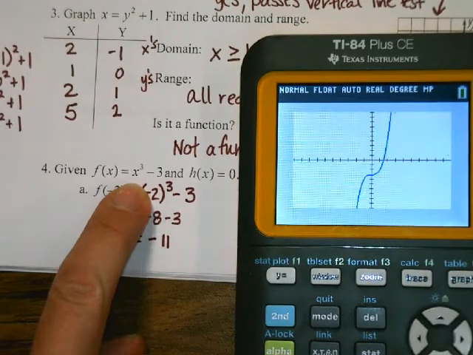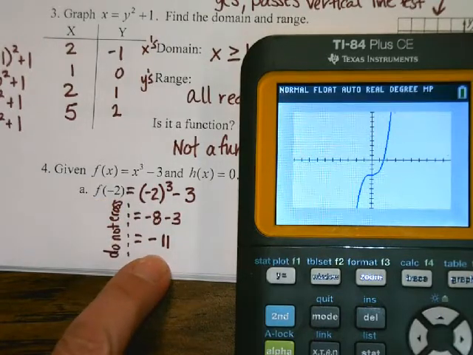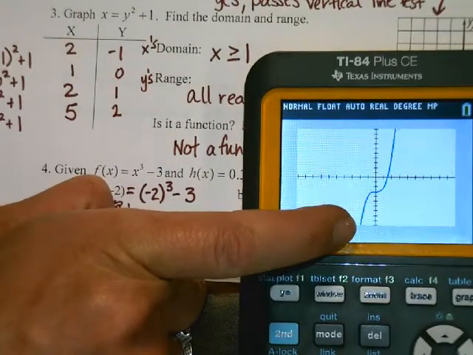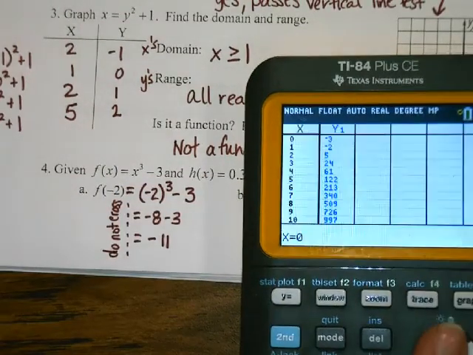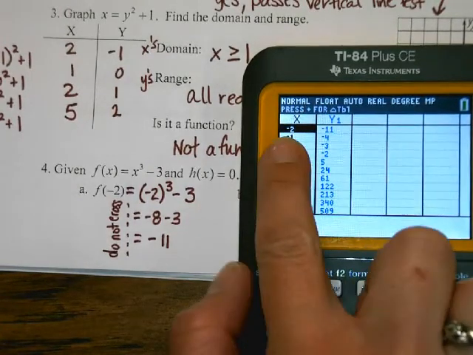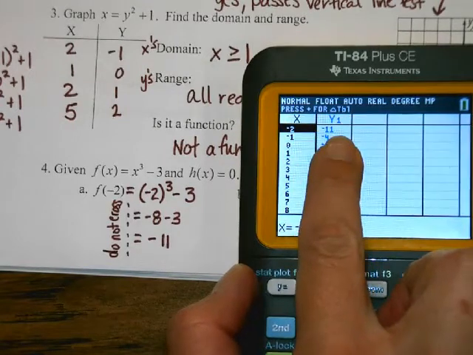When I go to the table, I should see the ordered pair -2, -11, which we can kind of see on our graph. At -2, it's all the way down here. So I'm going to look at the table. And there you go. At -2, I'm at -11.